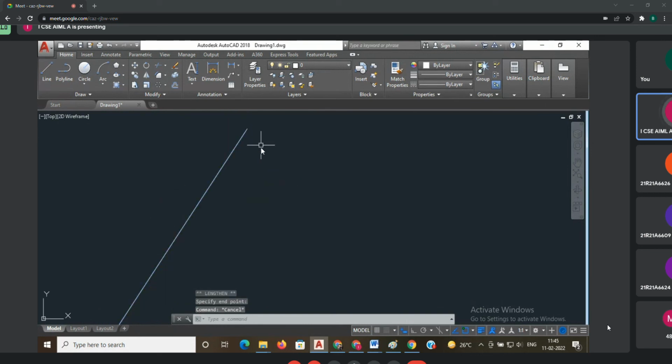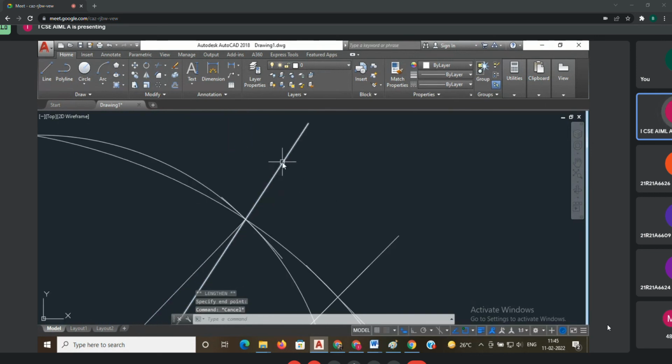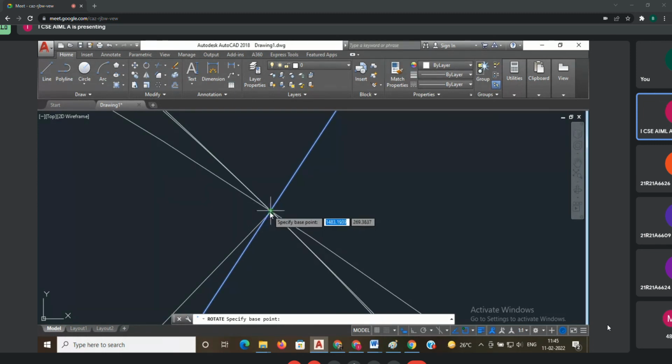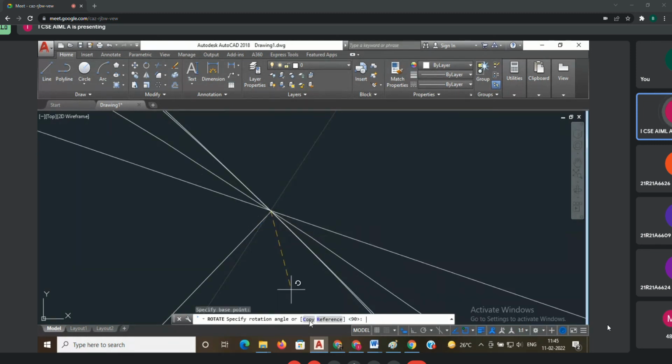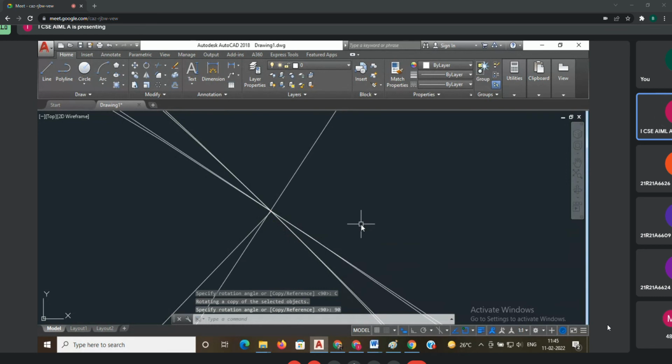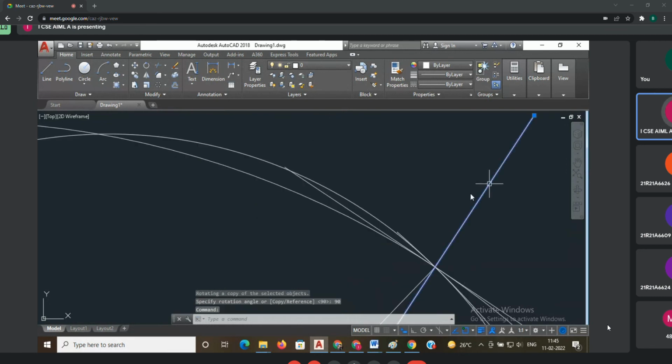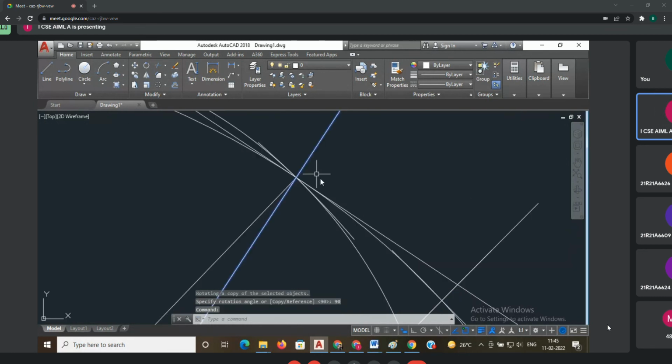This is your normal. 90 degrees to this normal, you will get the tangent. Already procedure, you know that, but once again I am explaining it. Select the base point and copy U90. Okay. Now this is your normal.